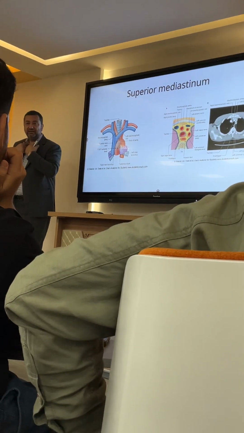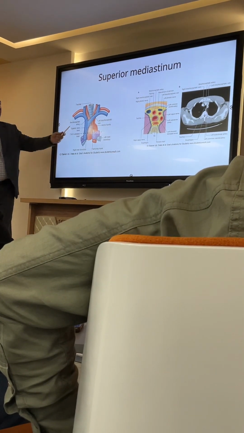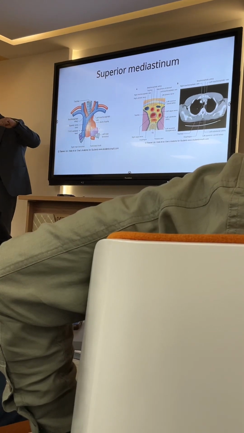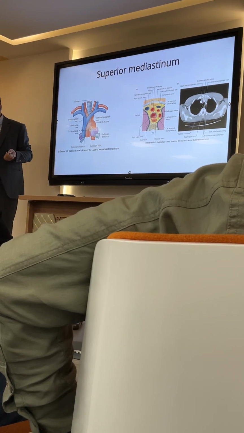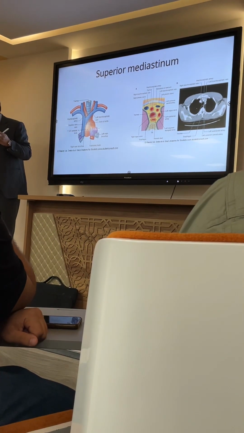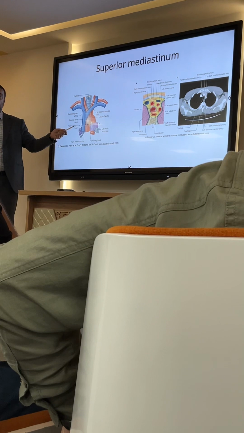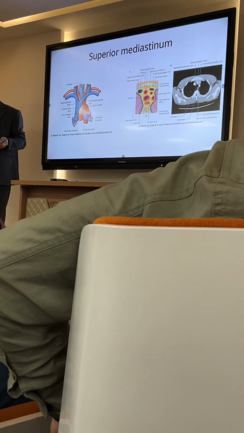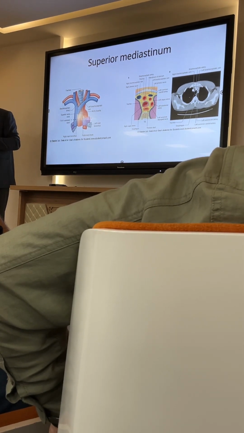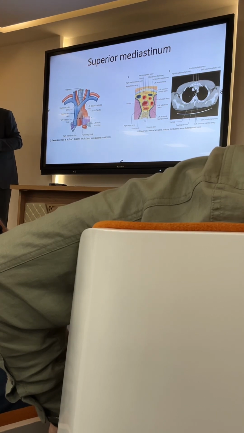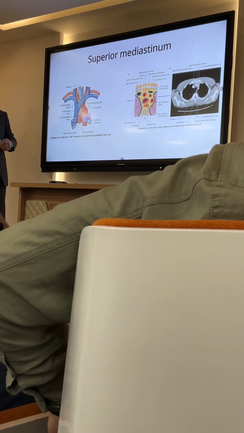The left brachiocephalic vein is twice as long as the right. Why? Because the two brachiocephalic veins join together posterior to the first costal cartilage on the right side.